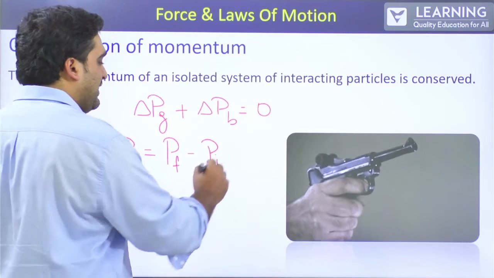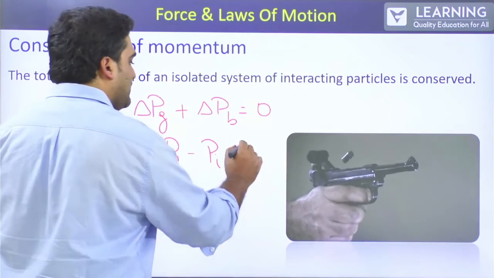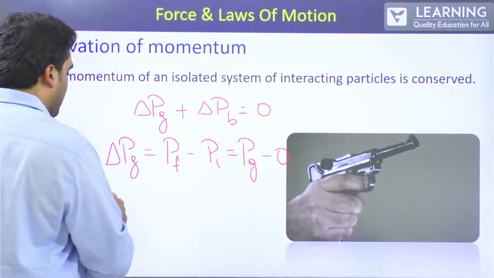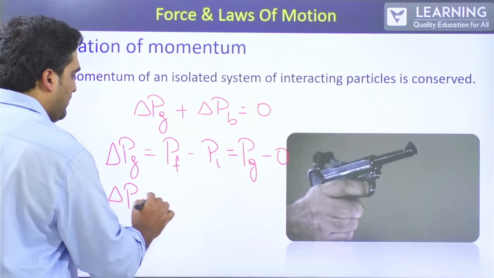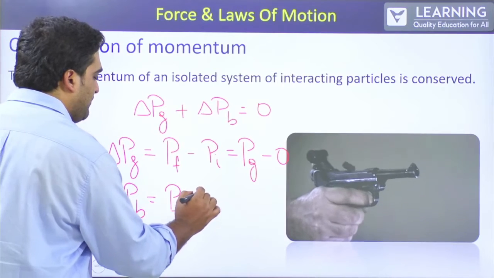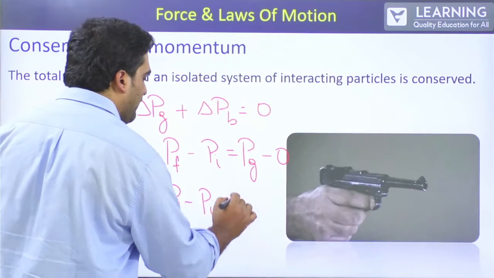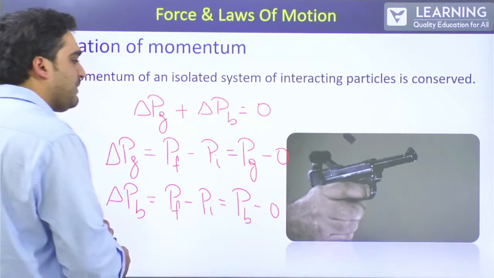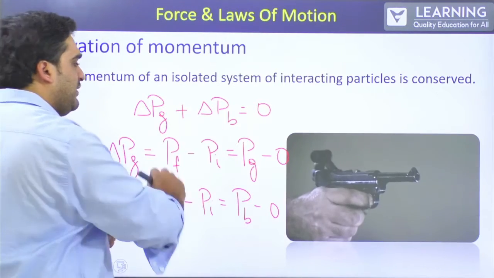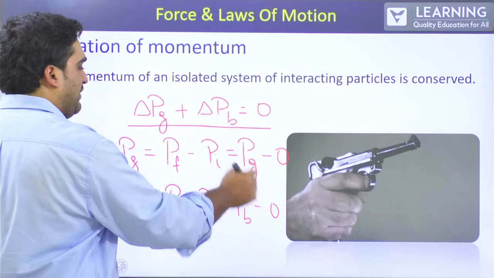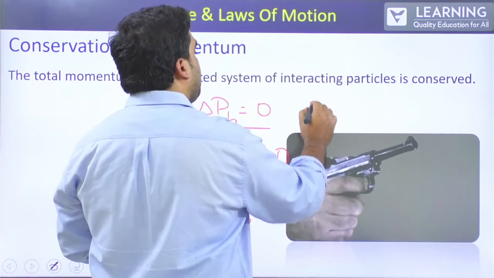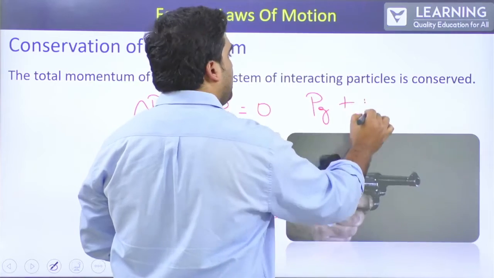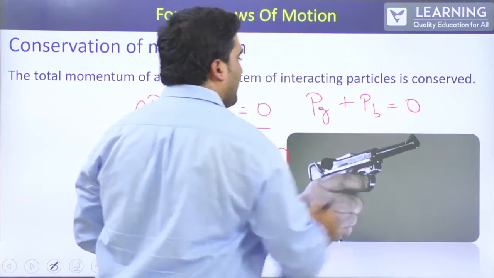So Pi is 0, Pf, let's call it Pg minus 0. Similarly, for a bullet, same, where you have Pb minus 0. Now when put together in this particular expression, you get Pg plus Pb equals 0.